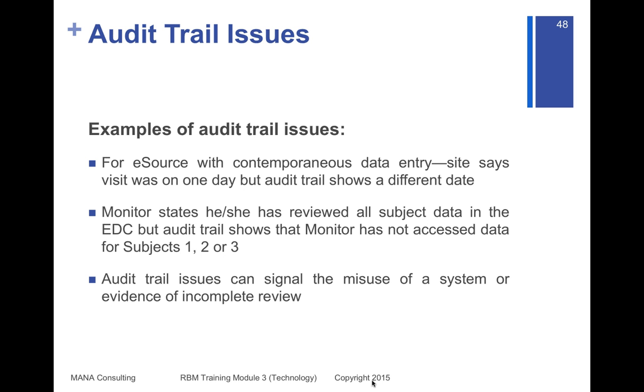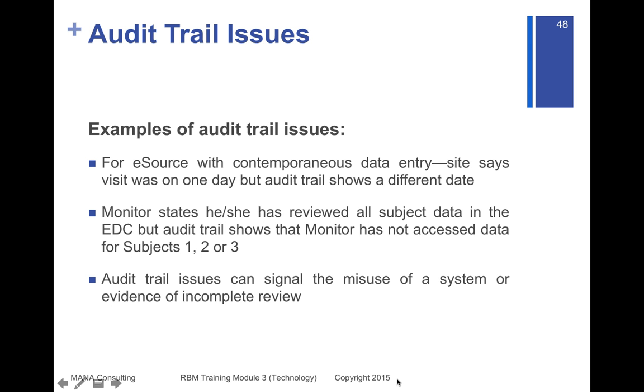Another would be, let's just say that the monitor says that they reviewed all the subject data in the EDC, but when you go in, you see that the monitor never accessed data for certain subjects. It depends. Not every electronic system allows you to look at just when somebody accesses a record. Some of them only collect data when there's a change in the data.